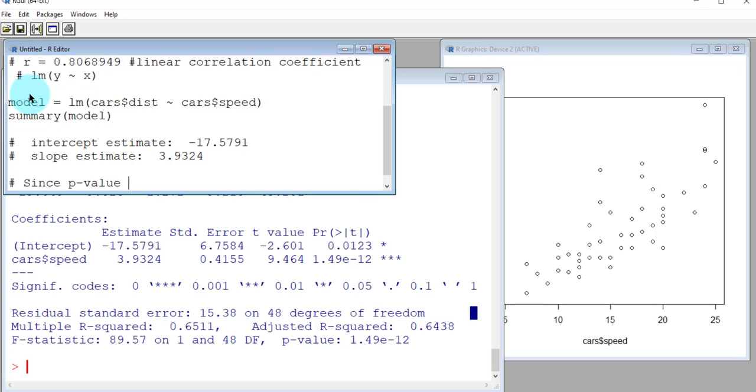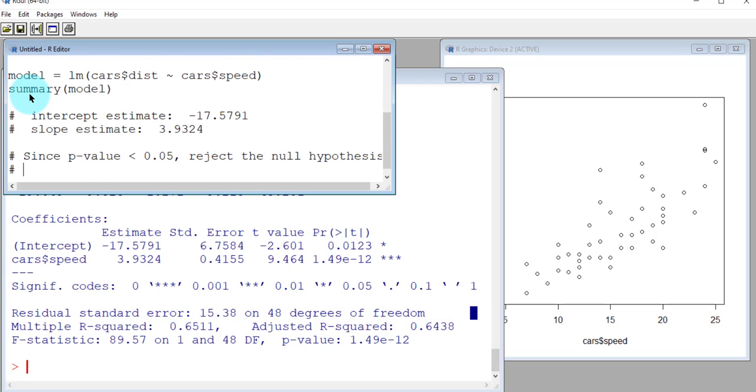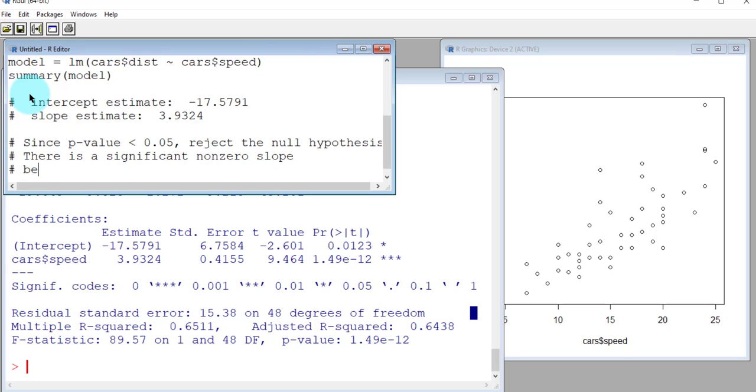Since our p-value is very small, less than our usual alpha, then we would reject the null hypothesis, indicating that there is a significant non-zero slope between speed and distance traveled.